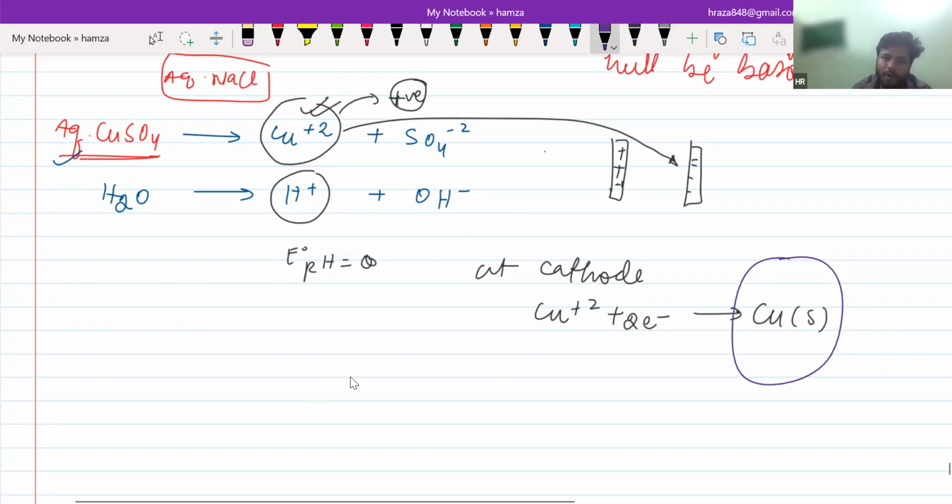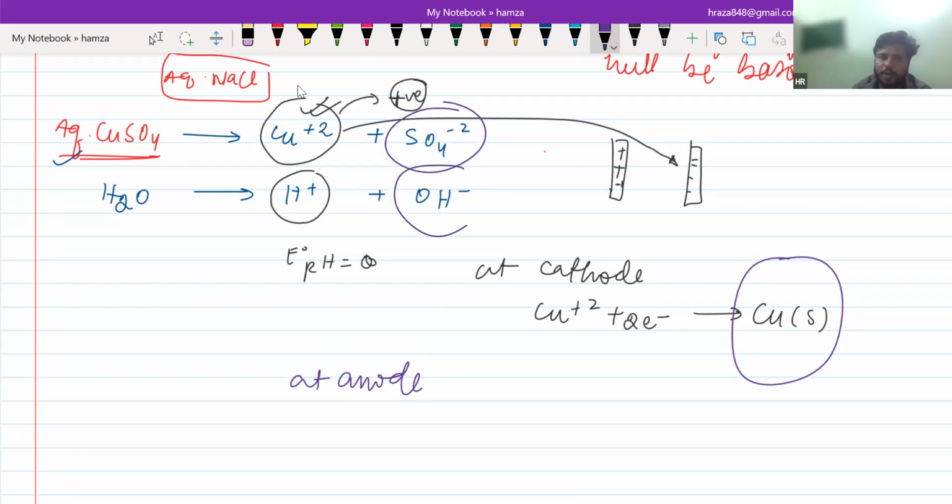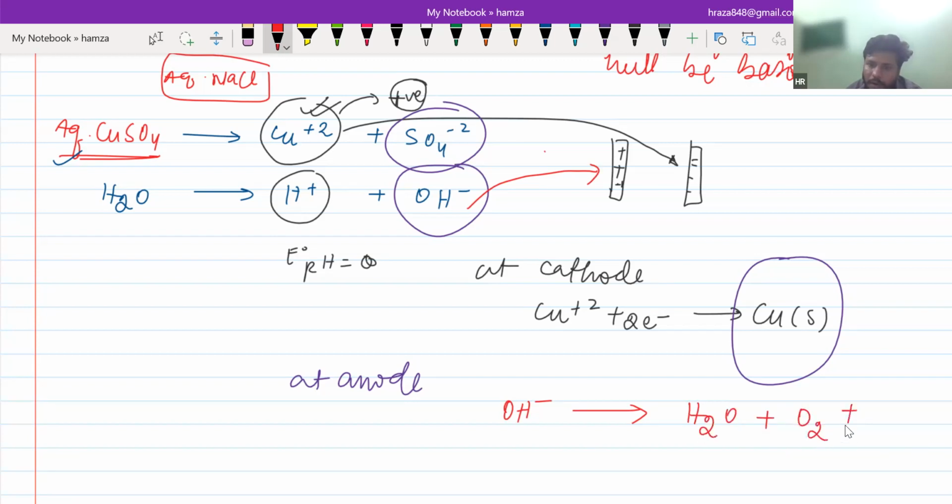What about the anode? Now we have two options: SO4 minus 2 and OH minus. SO4 minus 2 was last in the list of ease of migration, so OH minus will go here. Whenever there is OH minus, it will form H2O plus O2 and release some electrons.